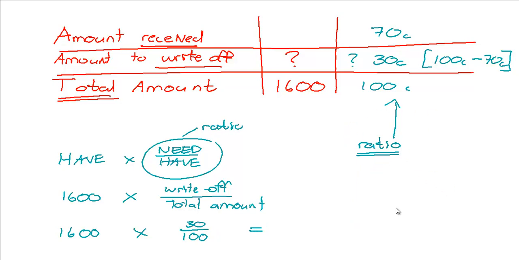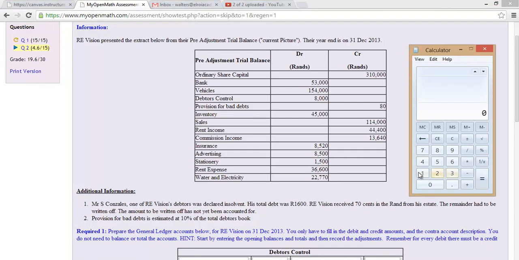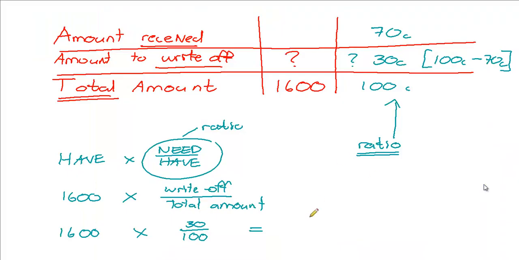So let's do this with our calculator. 1,600 times 30 divided by 100, and the amount is going to be 480.